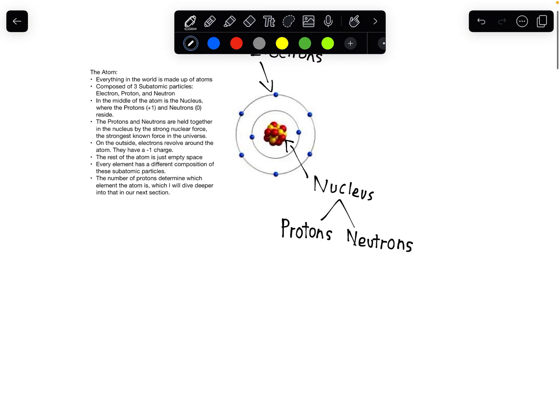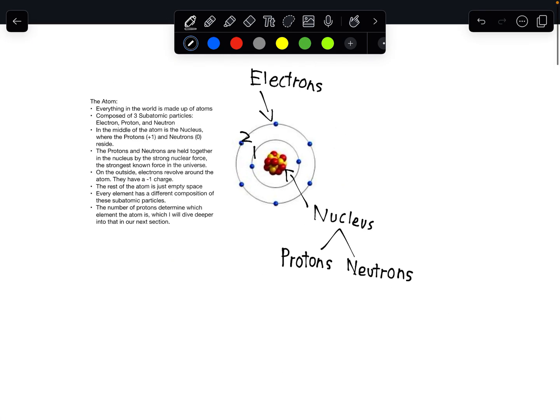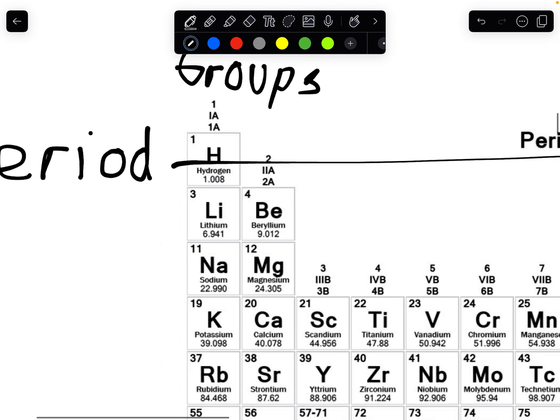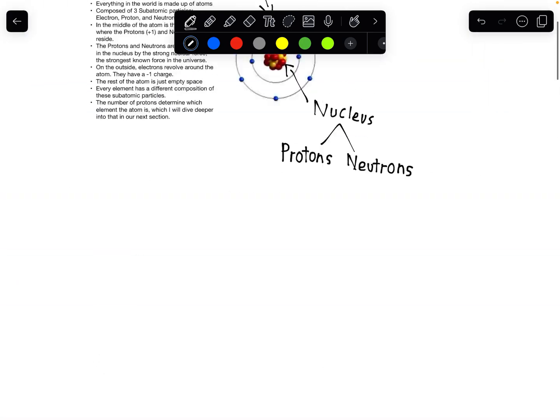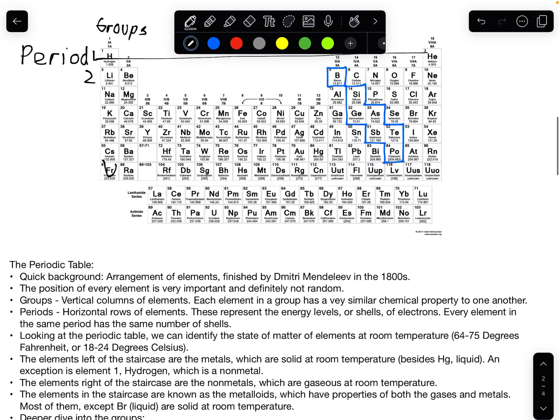So looking back at our first image, we see that there are two shells, 1 and 2. Therefore, this must be in period 2. And looking at this, period 1, period 2, this atom up here has to be in this period. These are both incredibly important, and I will discuss them in future episodes as well.